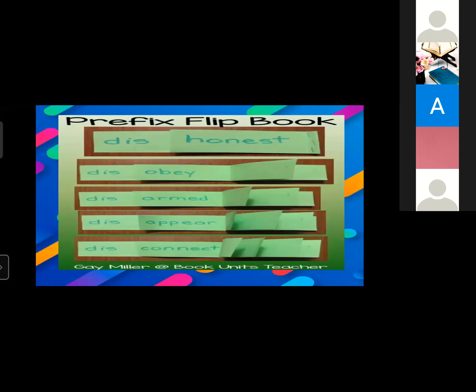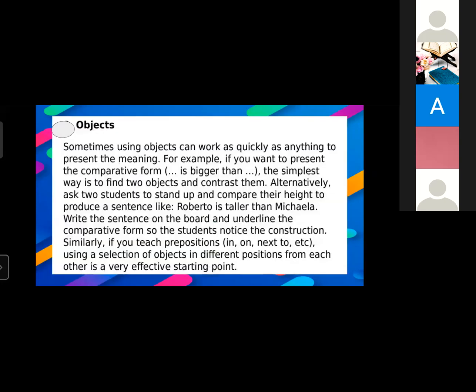Use a wall chart to teach the grammar rule by dividing it into parts and asking them to choose a sentence all the time. Also objects, as Ms. Hannah mentioned, using cards, but we can use realia to teach grammar. For example, we can point to a desk and a pencil and ask them which one is bigger, which one is smaller, which one is taller, which one is shorter.